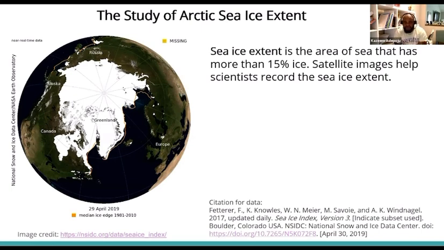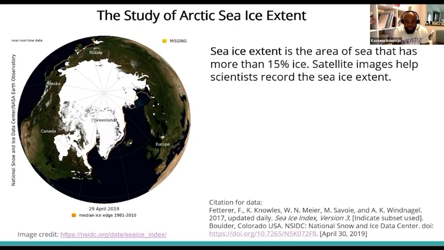Going by satellite images, scientists record the ice extents. As you can see here from these images taken on April 29, 2019, you can see Greenland, Russia, Alaska, Canada, and the like.